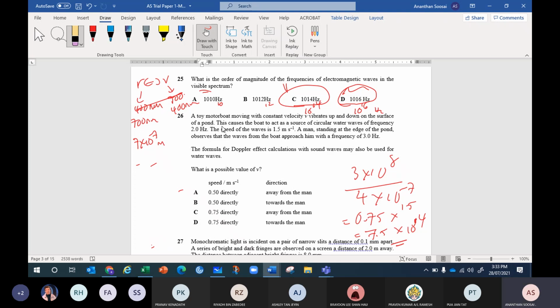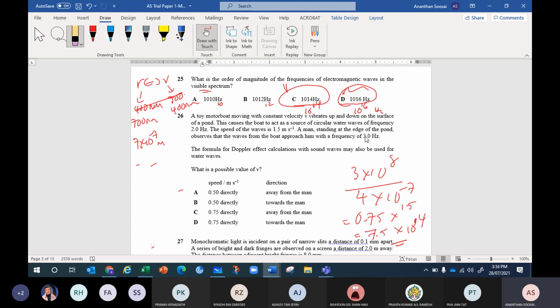A toy motorboat moving with a constant velocity v vibrates up and down on the surface of a pond. This causes the boat to act as a source of circular water waves of frequency 2 Hertz. The speed of the wave is 1.5 meters per second.